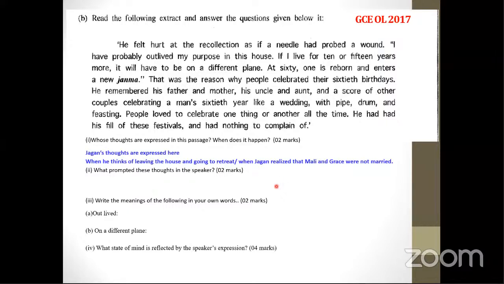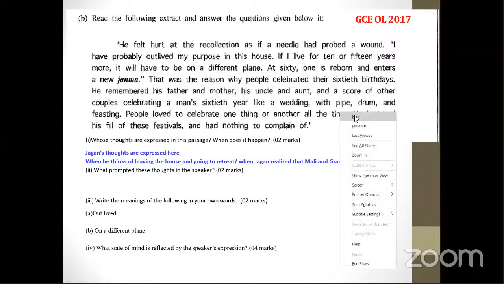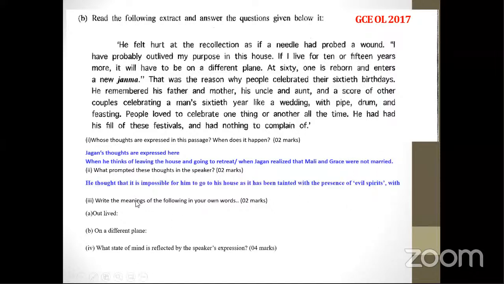So what prompted these thoughts in the speaker? So the speaker is Jagan. What happened? What prompted this? He thought that it is impossible for him to go to his house as it has been tainted or polluted with the presence of evil spirits and with Mali's actions.